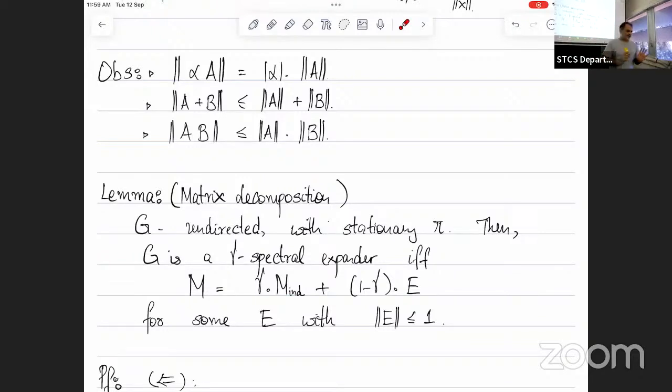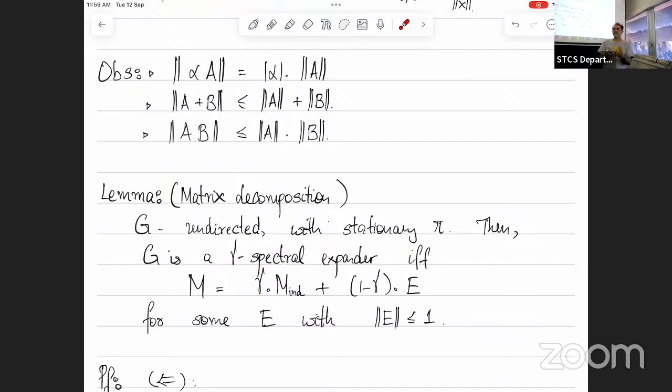So it's like saying that the random walk matrix of the graph you currently have is a gamma part of an independent step that you're taking, plus 1 minus gamma of something that you're not messing up too much. We'll think of this as the error term. Many times when you're trying to calculate something in spectral graph theory, your main term will come from the first part, and this is basically the source of your intuition.